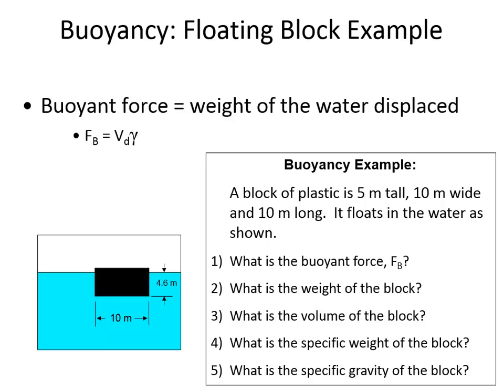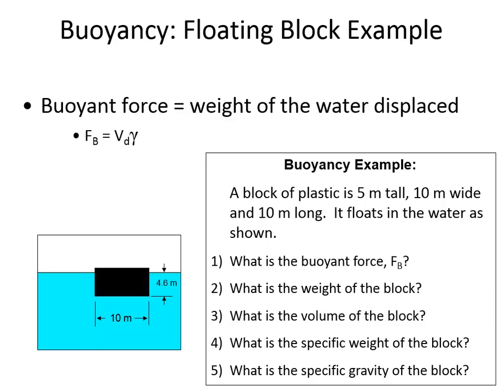So the specific gravity is just the ratio of the block unit weight and the water unit weight. So 0.92 is the specific gravity, and that explains why it's floating, because its specific gravity is less than 1. Anything that has a specific gravity of less than 1 will, when it's in equilibrium, float.